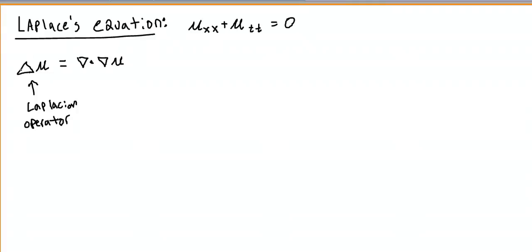So this is the Laplacian operator acting on a function u, and I'm telling you that it is equal to the dot product, which is called the divergence, of the gradient of u. So this is the gradient of u.